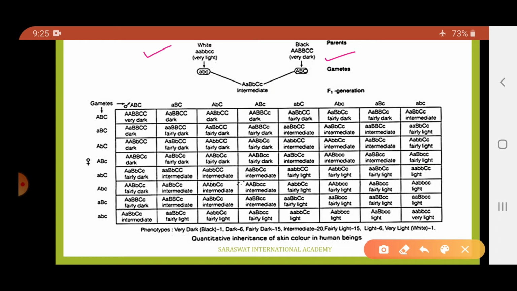Now students, all the gametes produced by the very light individual will be small a, small b, small c, and all the gametes produced by the very dark individual will be capital A, capital B, capital C. So basically all the individuals of the F1 generation will have the genotype capital A, small a, capital B, small b, capital C, small c, which is considered an intermediate condition, and that is a characteristic of mulatto.